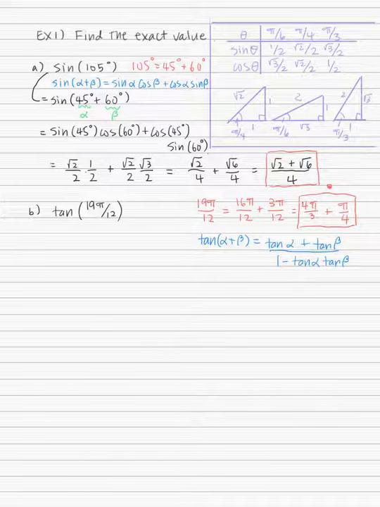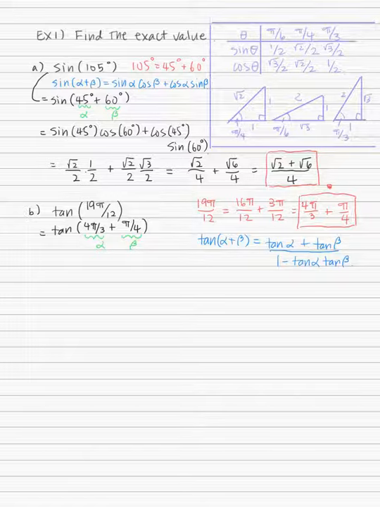Okay, we're going to plug them in. Let me first rewrite this as tangent of 4 pi over 3 plus pi over 4. Pretend the first angle is your alpha, and now this is going to become your beta.